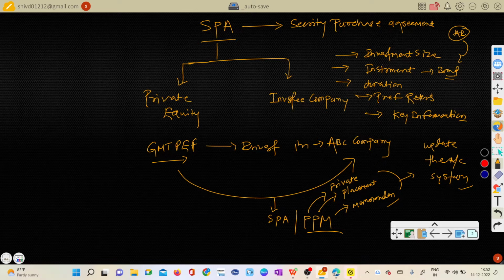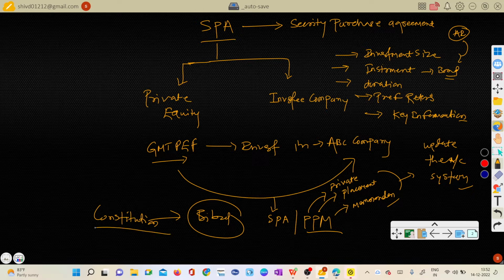So it means this document is a very important source, and in private equity we call it the Bible. It means it's like a constitution, which will define each and everything about the investment pattern and all.